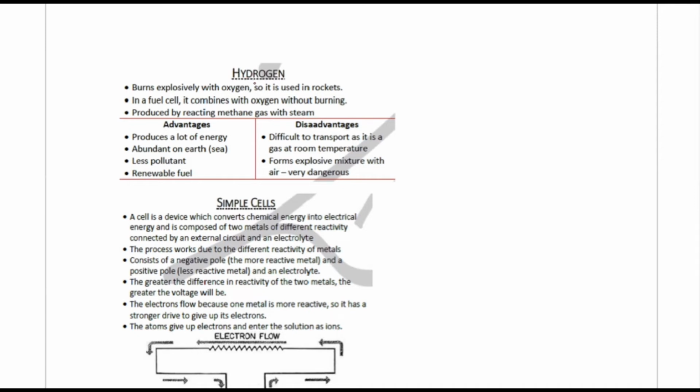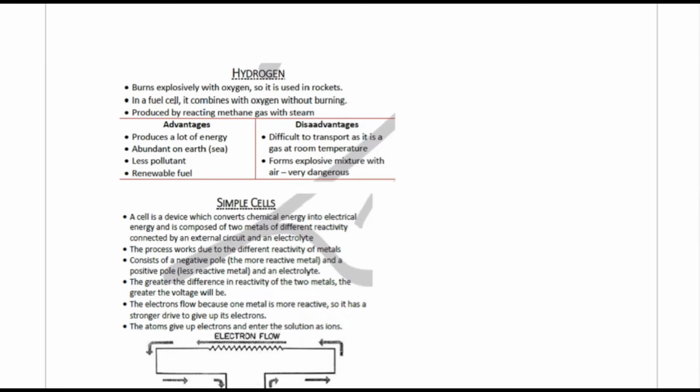You can see here, it is used in rockets. Which means what? Rockets use hydrogen as fuel. Fuel cells use hydrogen also. What is a fuel cell? A fuel cell is used in an electric car.